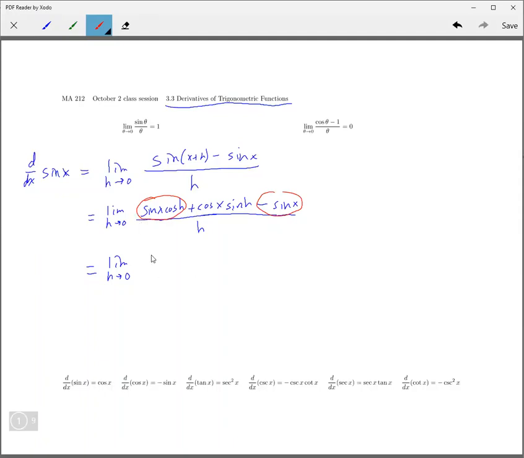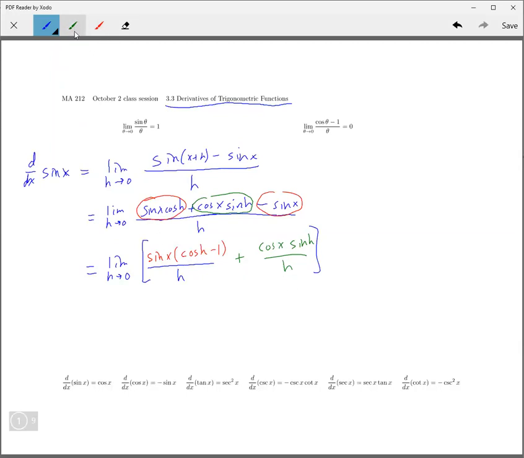So you factor that sine x out, and you're left with cosine h minus 1, all over h. And then the next key is to take this one right here by itself. And so you have all that.